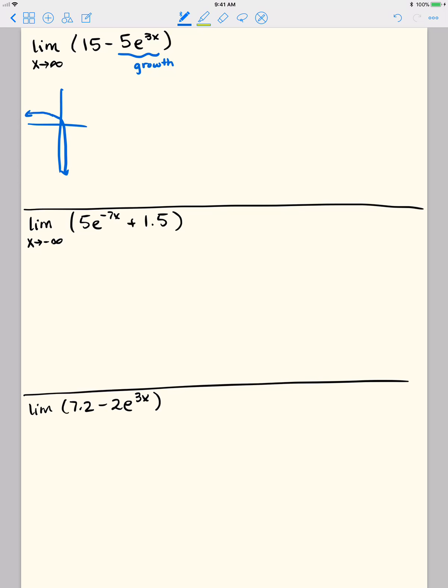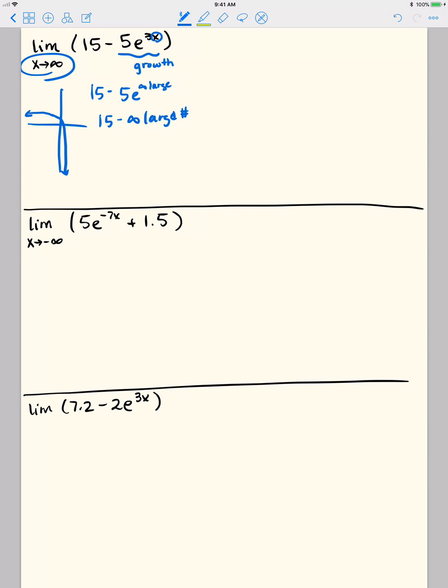But if you look at it as a growth function, the 15 or the 5e to the 3x, you just have the number 15 and you have 5e, and as x goes to infinity, x gets plugged in here, you have e to an infinitely large number, which is going to make that e grow massive, and then you're just going to multiply it by 5. So you have 15 minus an infinitely large number, and that number is just going to get more and more negative.